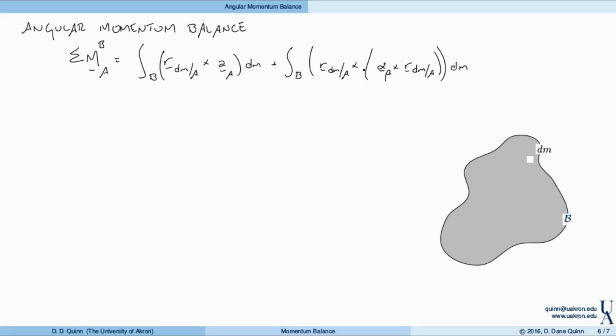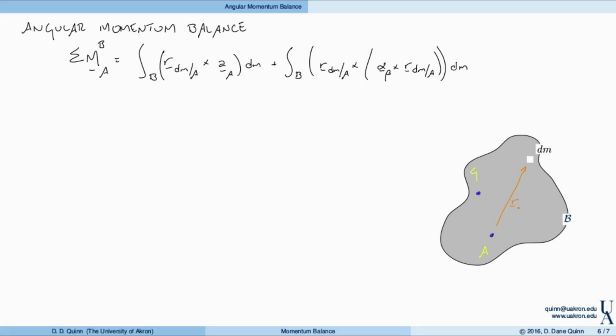Now we're going to do the same thing that we did before in terms of different points. So let's assume that A is here, and let's add the mass center. I'll sort of offset it up there for presentation. But let's assume the mass center's there. So now, this vector from A to dm is here.